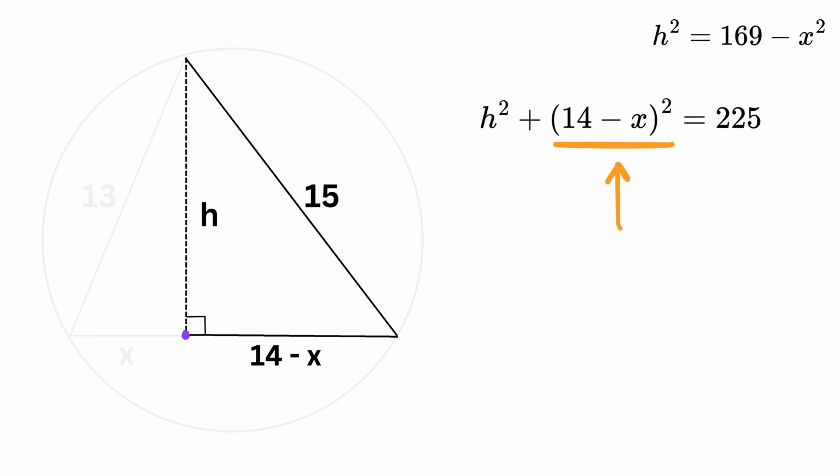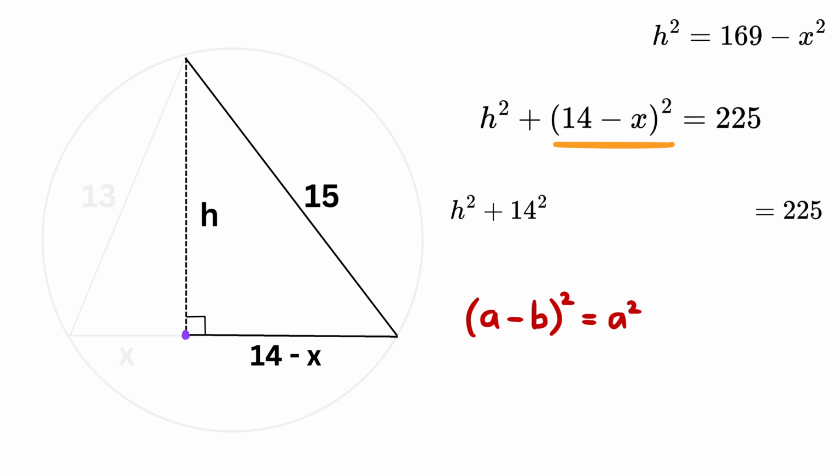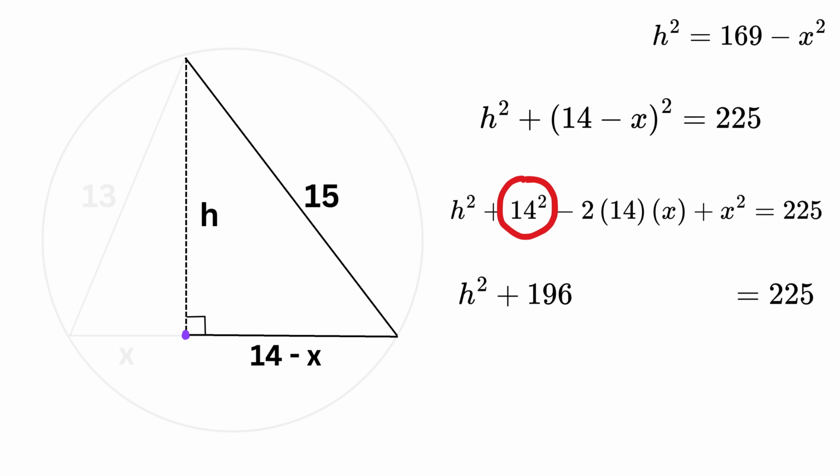Then we will expand (14 minus x) squared using the (a minus b) whole squared identity, which is first term squared, minus 2 times first term times second term plus second term squared. That means we get 196 minus 28x plus x squared.